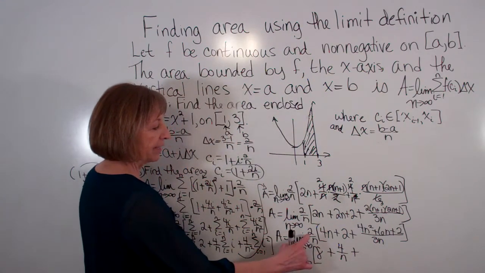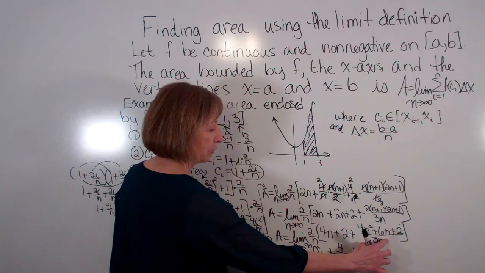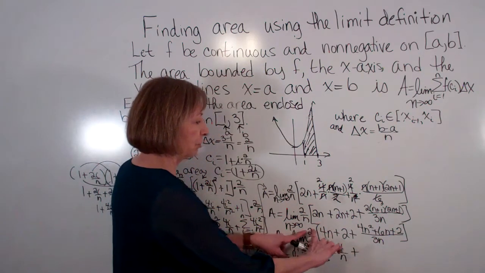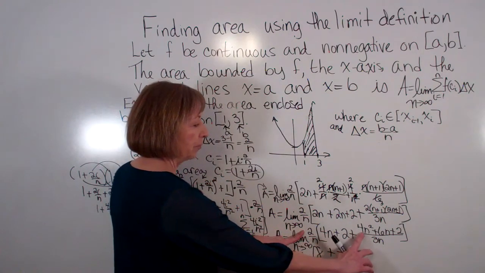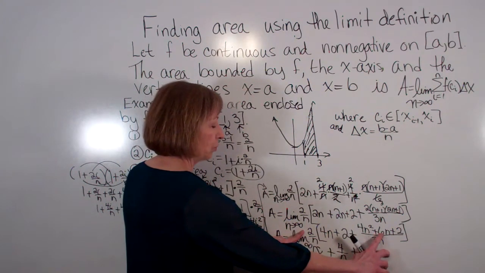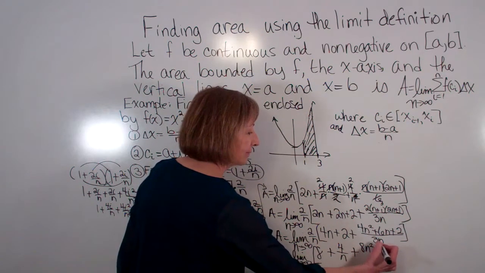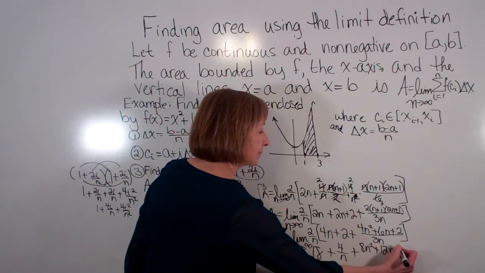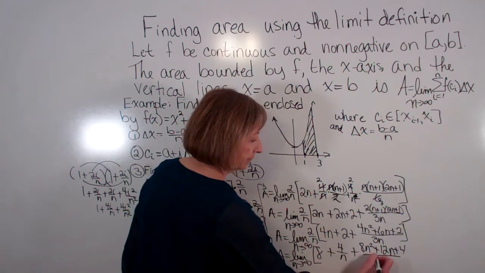Plus, and then 2 over n times this expression, I'm going to distribute the 2 through, and then my denominators. So that will be 8n squared plus 12n plus 4, and that's all over 3n squared.